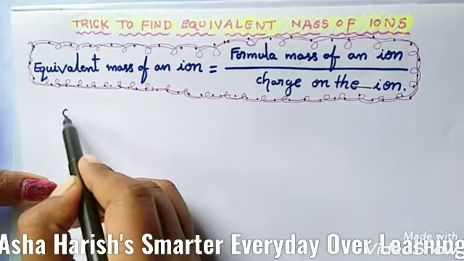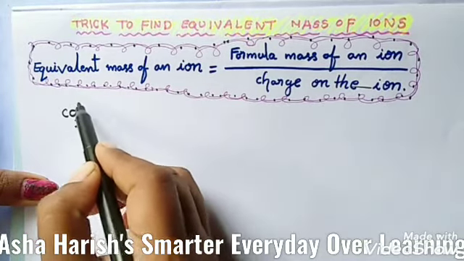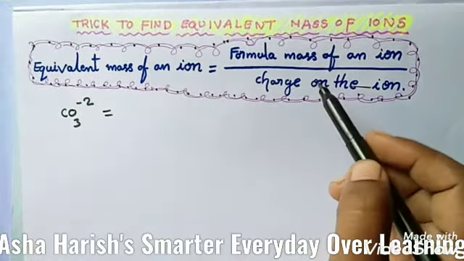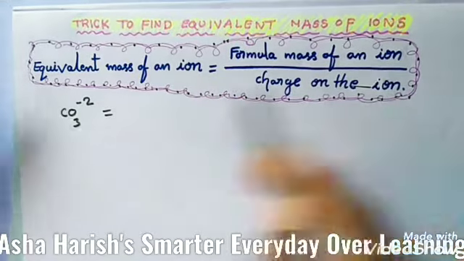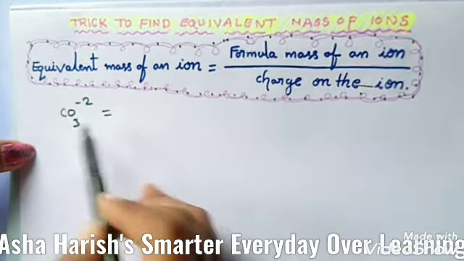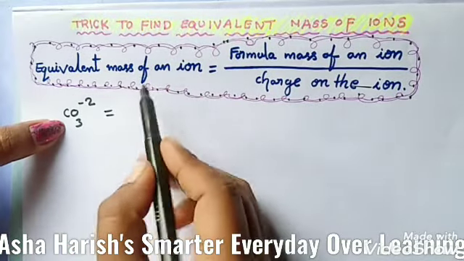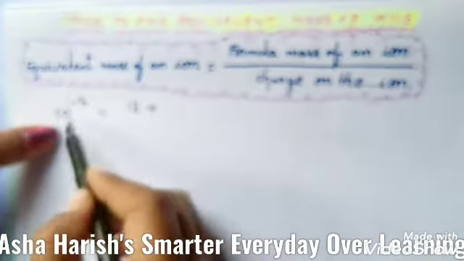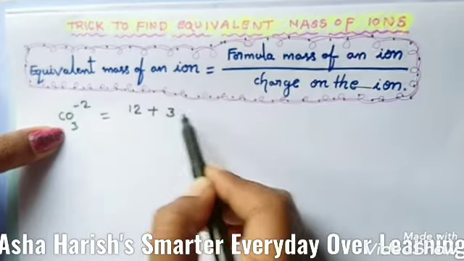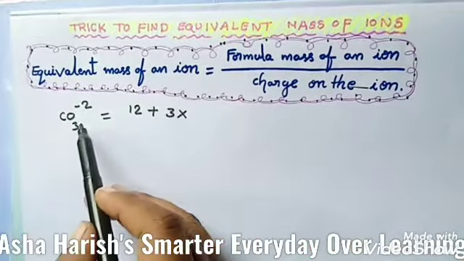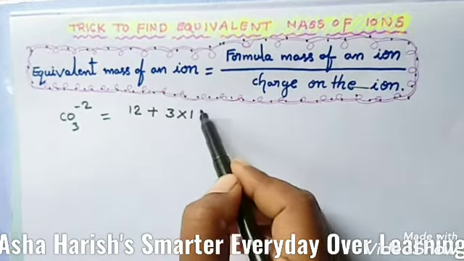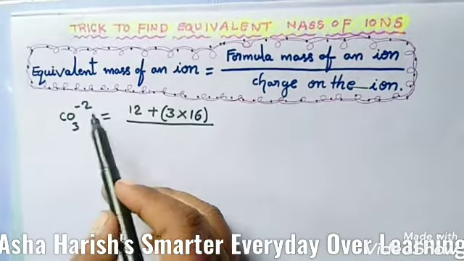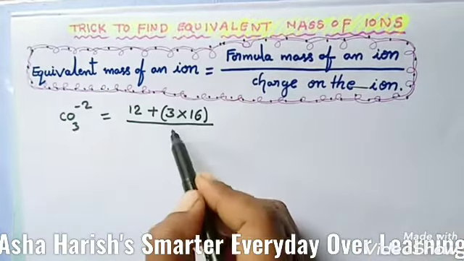The first example: find the equivalent mass of the carbonate ion. The carbonate ion formula is CO3 2-. According to this formula, first you have to find the formula mass of the ion. Carbon's atomic number is 6 and its atomic mass is 12, plus 3 oxygen atoms; oxygen's atomic number is 8 and its mass is 16, divided by the charge on the ion, which is 2.